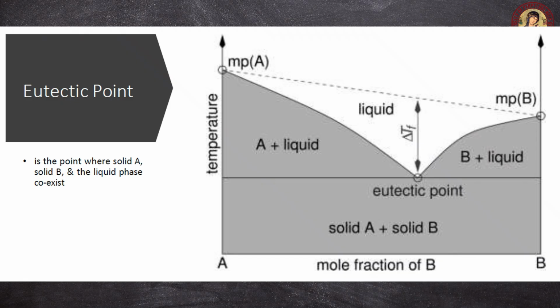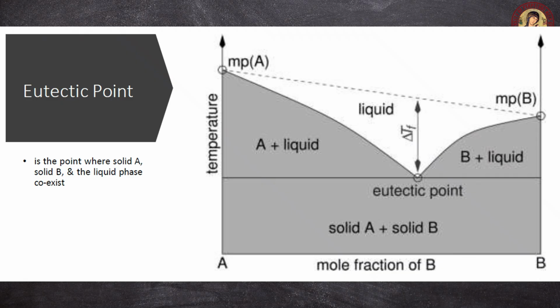On the diagram, you can see that as we move from A to B, each component has its own melting point. But the line dips down to this one special point. That's our eutectic point. At this point, both solids melt at the same time, giving the mixture a sharp melting behavior, similar to that of a pure substance.